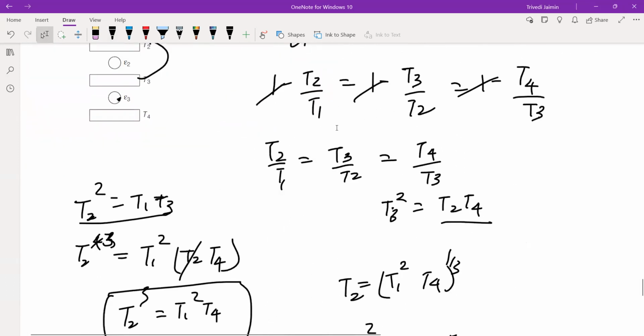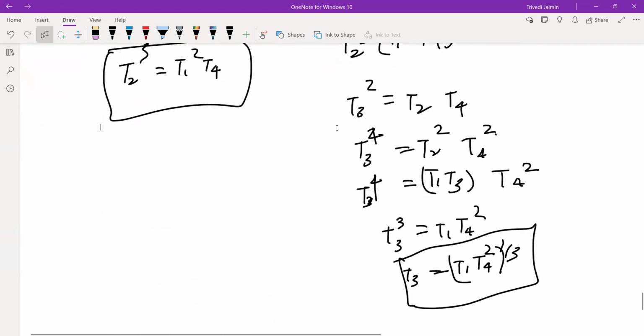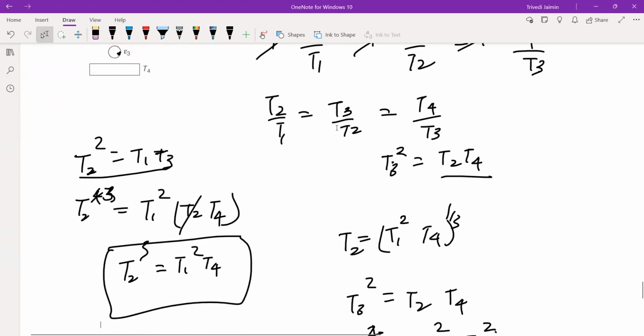Any doubt in this one? Yes, people? No, sir. Everyone? Disha? Anjali? Vidya?